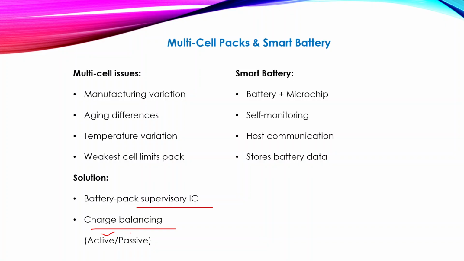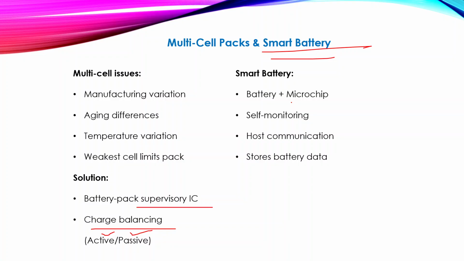That may be active charge balance or passive charge balance. When a battery includes monitoring, communication, and memory, it becomes a smart battery. Here the lithium ion batteries require careful voltage, current, and temperature monitoring. Protection circuits and smart battery technologies ensure safety, longer life, and reliable operation.